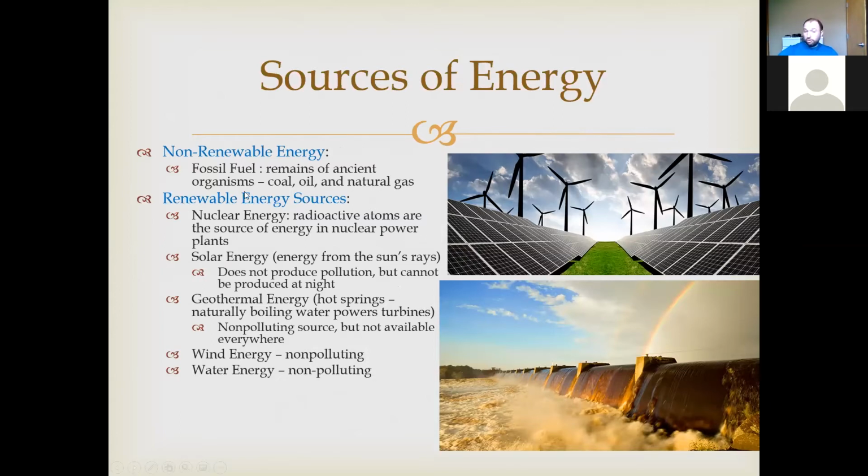And then renewable energy on the other side of that would be nuclear energy, right? Which is controversial in a way, but it can be regenerated through the splitting of atoms, right? And we're not going to get into the science of that, but nuclear energy is oftentimes lumped on its own.